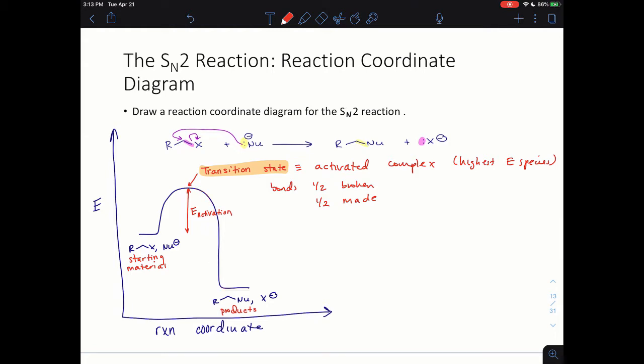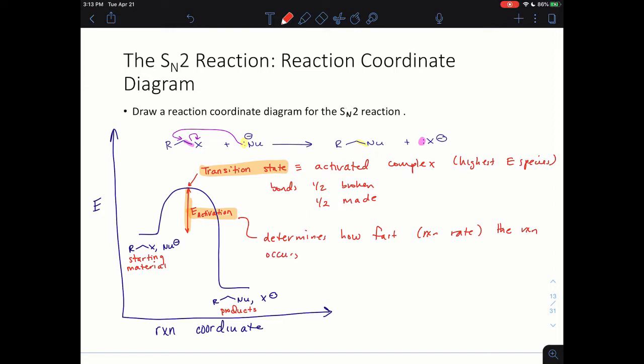Now, back to that transition state. It is super important because it determines the activation energy for the reaction. So this energy, the activation energy, determines the rate of the reaction. So it determines how fast the reaction occurs.